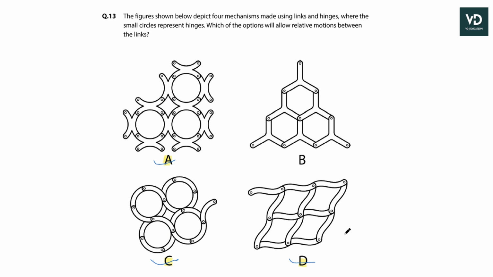so 13th question is, the figure shown below depicts the mechanism made using links and hinges, where the small circles represent hinges. Which of the options will allow relative motion between the links? And the correct options are A, B and D, because we can see they have provided circular links with the hinges. Okay, like this curve can be moved like this and like this.